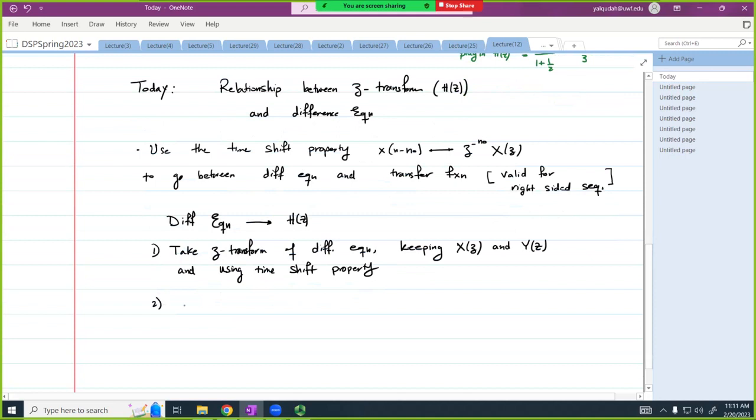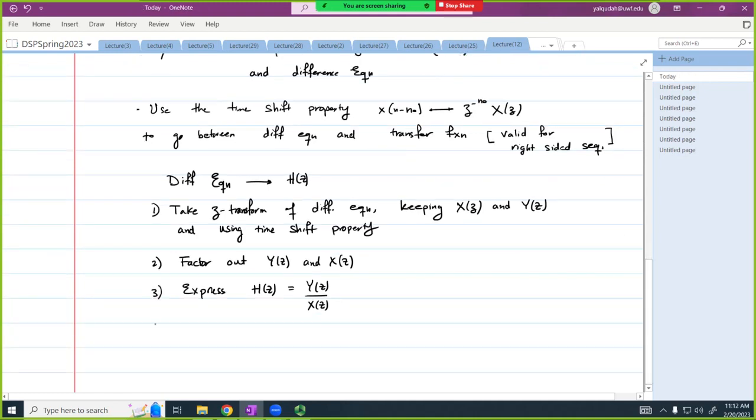And the second step, we're going to factor out y of z and x of z. And the third step, we're going to express h of z as equal to y of z divided by x of z. So to go from a difference equation to h of z, we're going to use these steps.